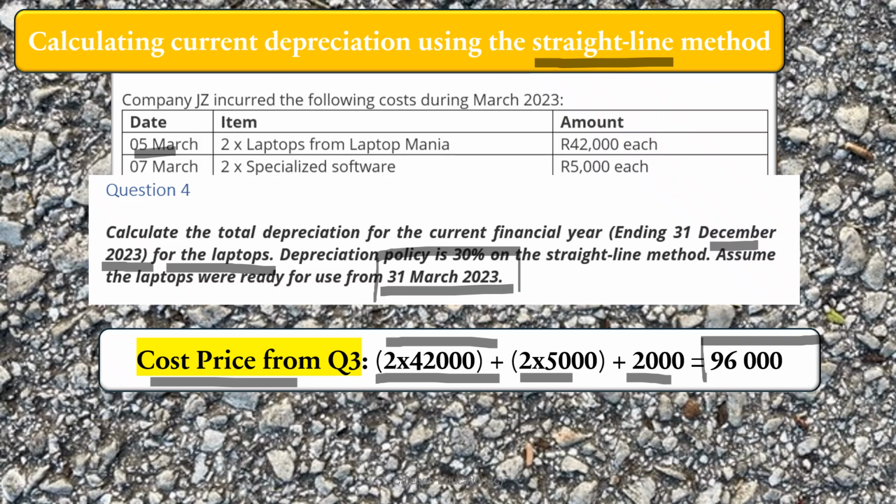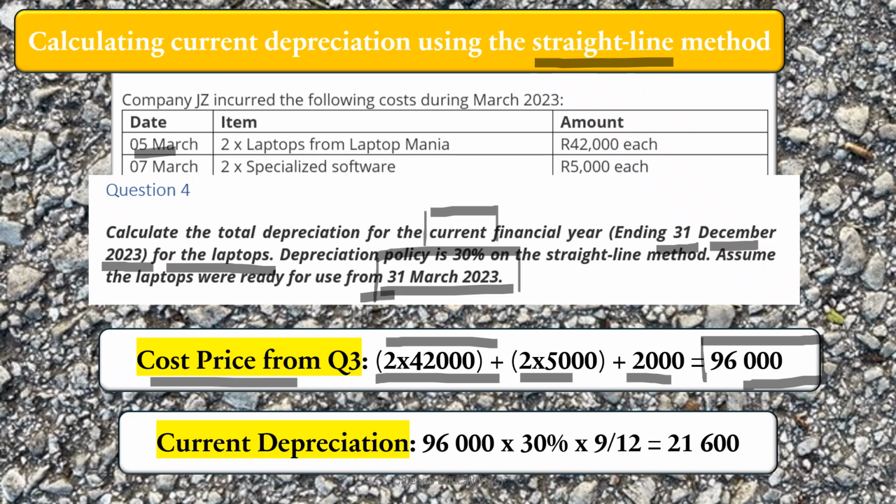The cost price of the laptops is 96,000. The year end is the 31st of December. We've used these laptops from the 31st of March. Now you need to depreciate for the current financial year.